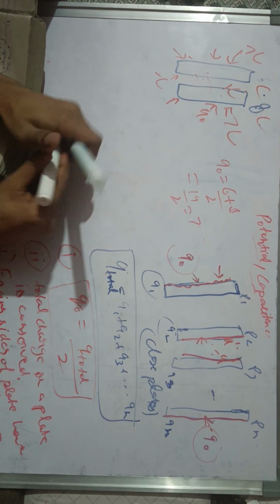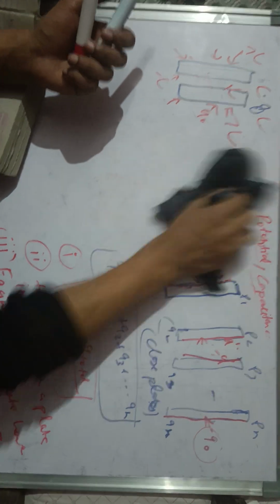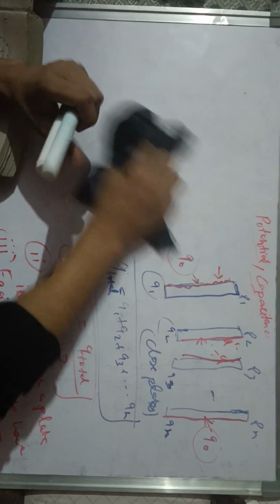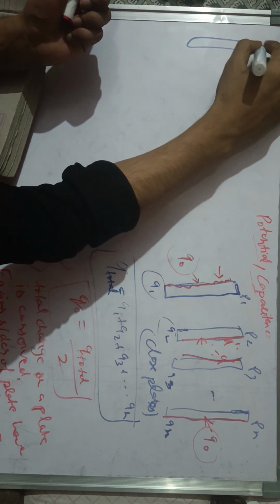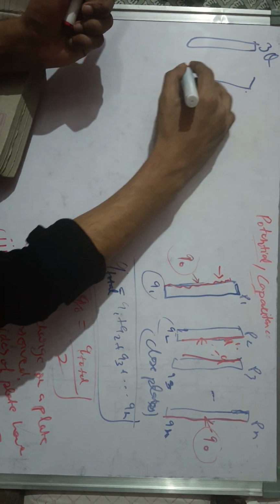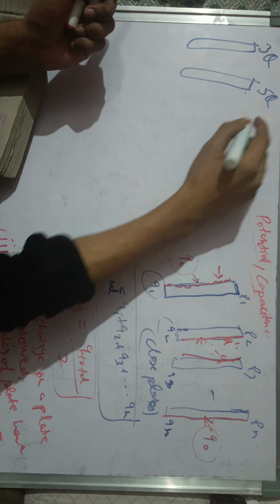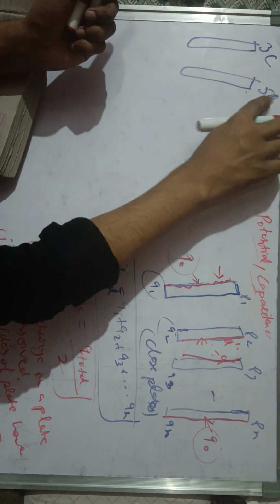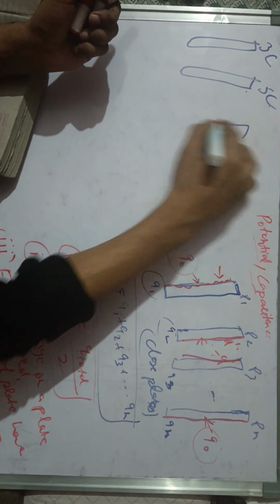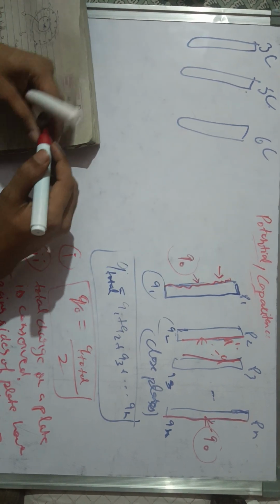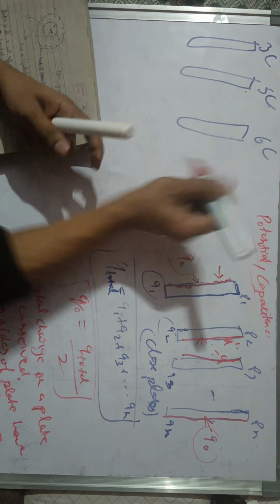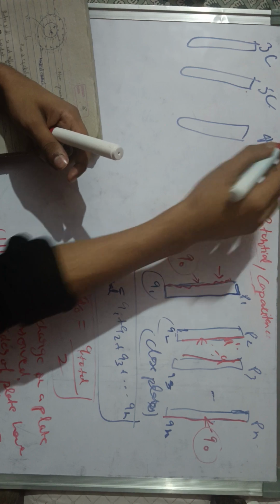That's it. Now take a system of 3 plates. When there are 3 plates, let's say this has 3 coulomb, this has 5 coulomb, and this has, let's say, 4 coulomb.